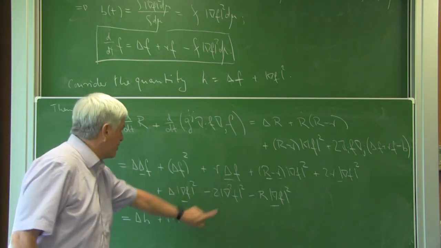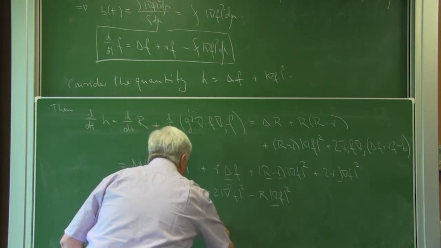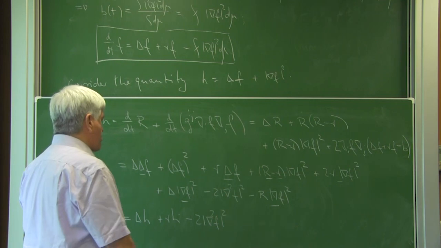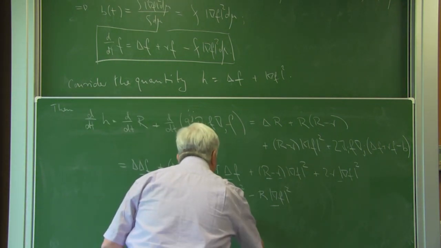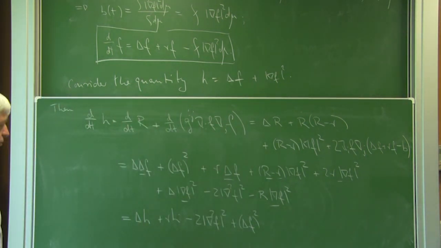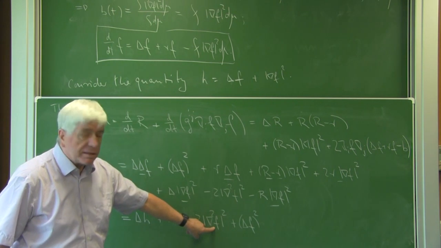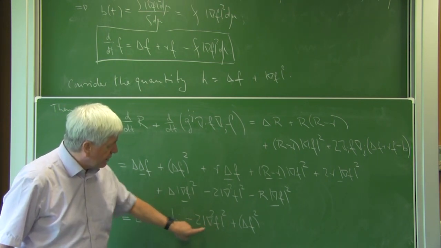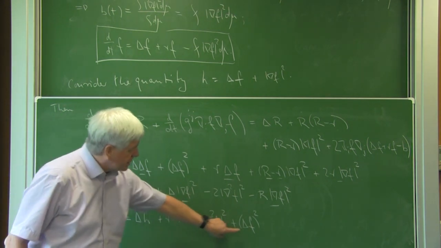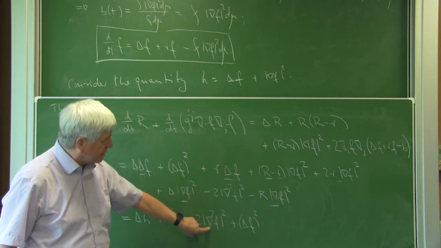And then I have this term here, minus 2 times the Hessian of f squared plus the Laplacian of f squared. But the Laplacian of f is exactly the trace of the Hessian, and we are in 2 dimensions. So this here is exactly the trace part of this tensor.